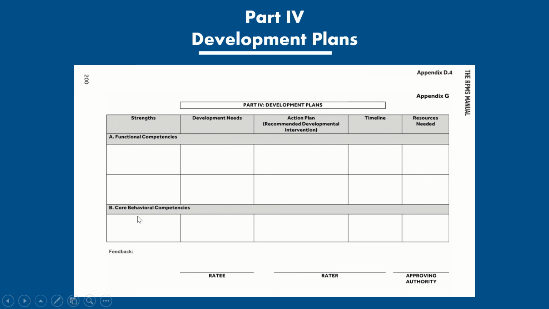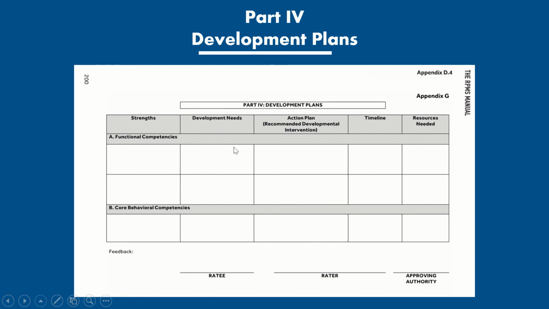And under the column B naman, yung result ng part 3, which is the core behavioral competencies. So, yung pinaka-leftmost column po, yan po yung strength natin. Lahat ng strengths po na lumabas under part 2 and part 3, dun po natin isusulat sa left side.